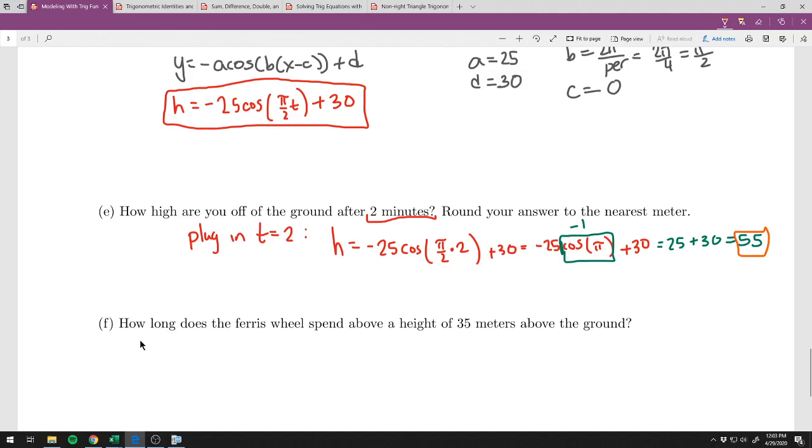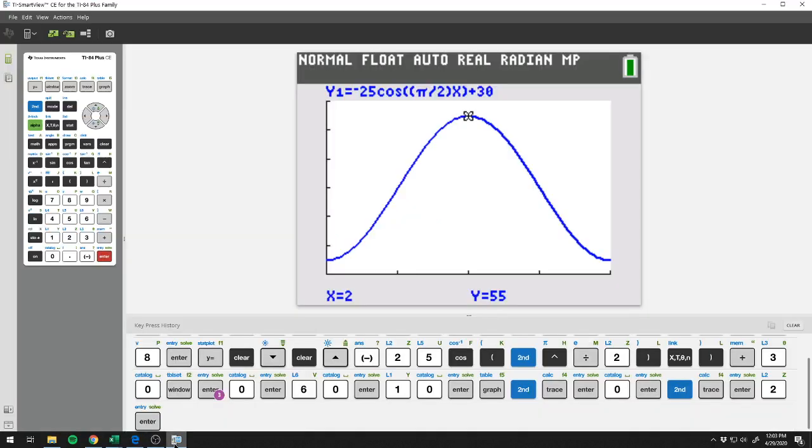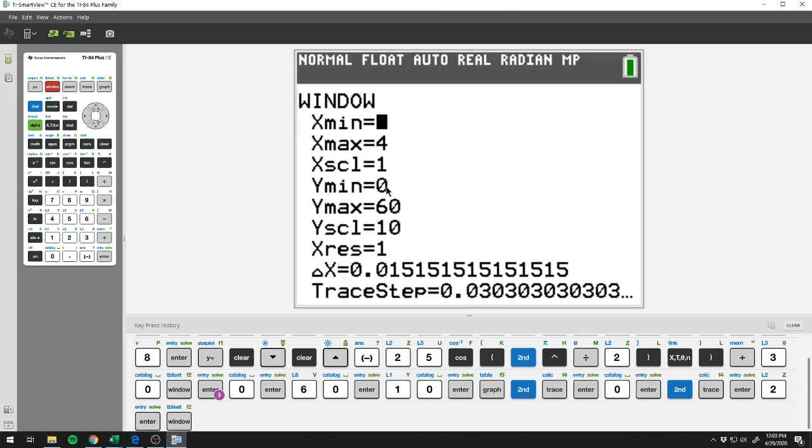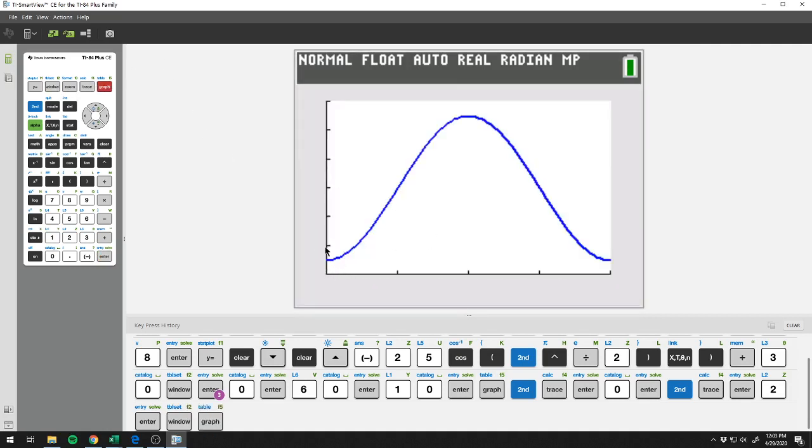All right, so I'm going to go back to the graph to explain what it's asking. This thing is representing our height. These hash marks are every 10, I believe, how I made it. Let's go back to the window. Every 10, starting at 0. So this is a height of 0, 10, 20, 30, 40, 50, and so on. The 35 is right about here.